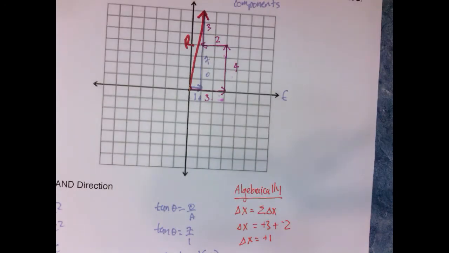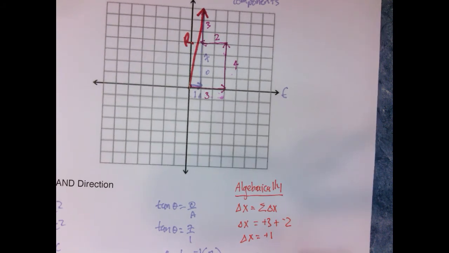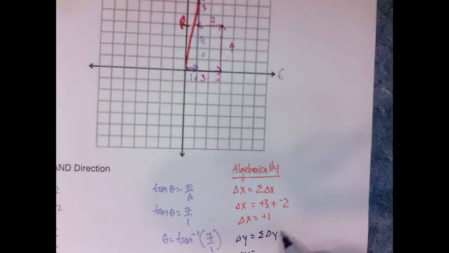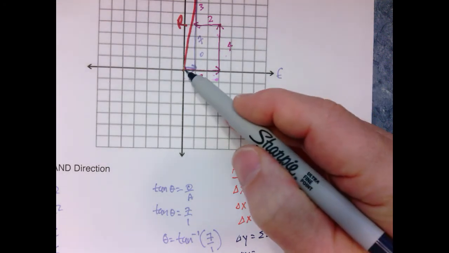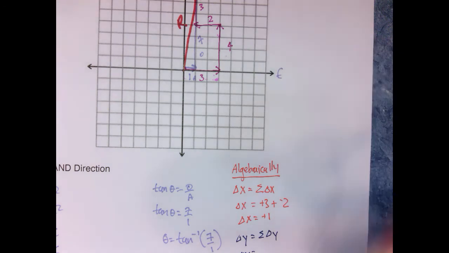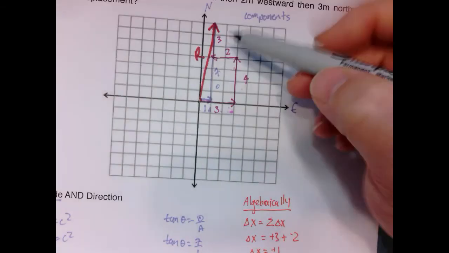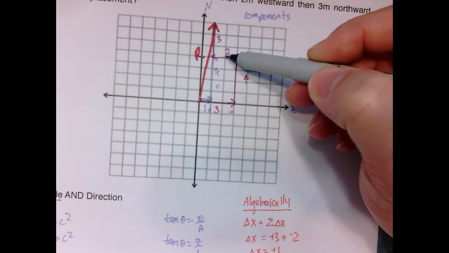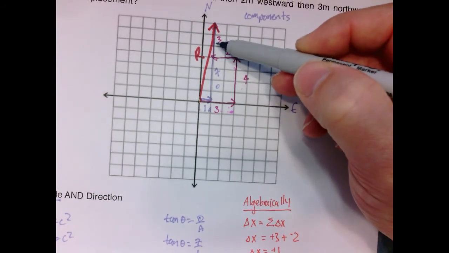Similarly, if we do the displacement in the y, it would be the sum of the y displacements. Our first vector had no change in the y, but this one had a change of 4. So we have plus 4, plus, this one had no change in y, and this one had a change of 3.